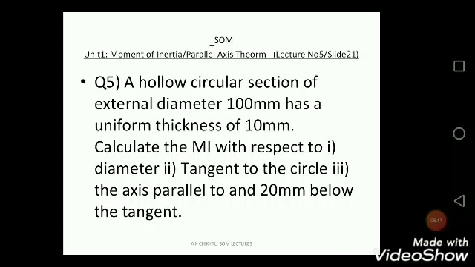The third question, how are you going to solve it? Again, using the parallel axis theorem, in which ICD is equal to, in bracket, IXX1 plus A1 H1 square, close bracket, minus IXX2 plus A2 H2 square.